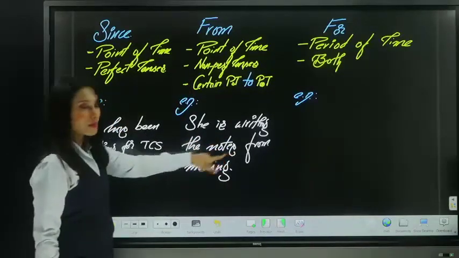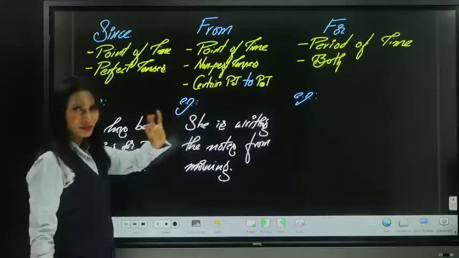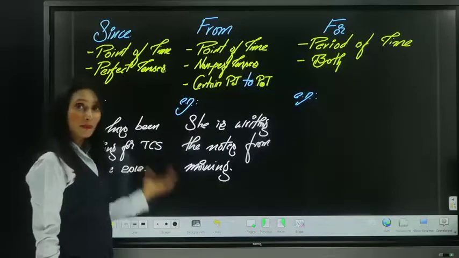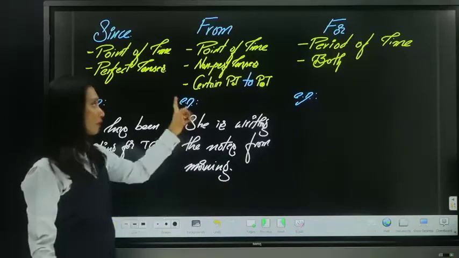So from morning, point of time to point of time. You can say we are working, or we have classes from Monday to Saturday, point of time to point of time.